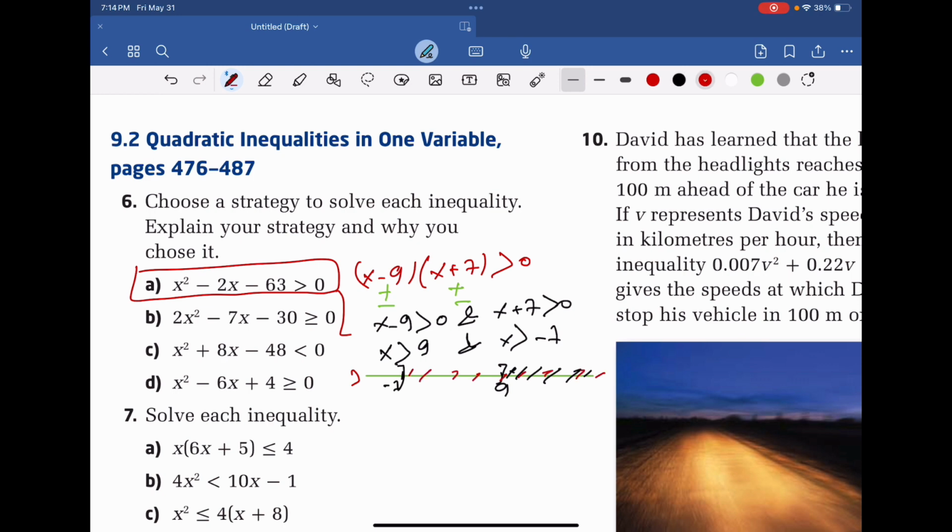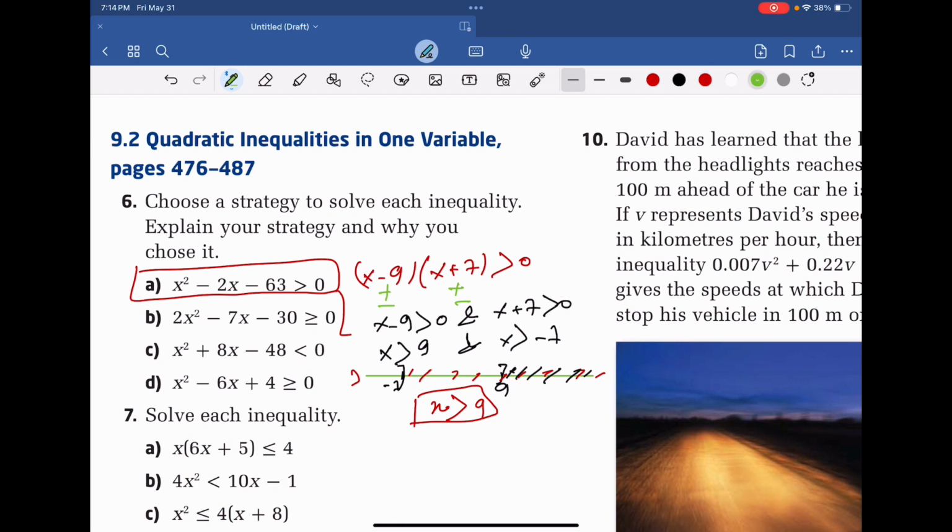Which area has both of them is this area. So we will select this one. So the answer for the first one is x is greater than 9.